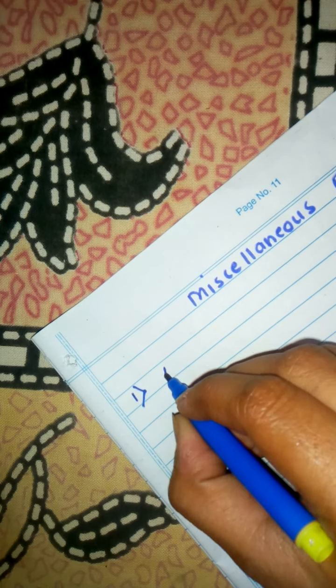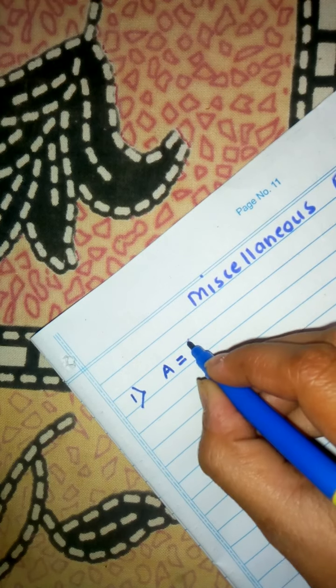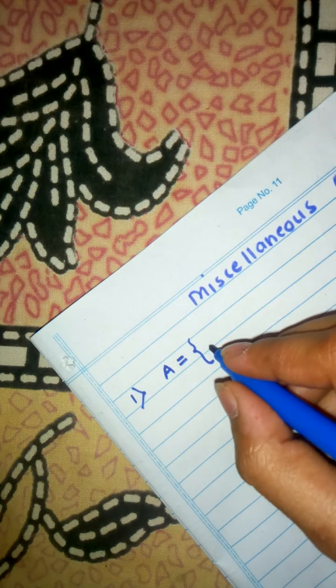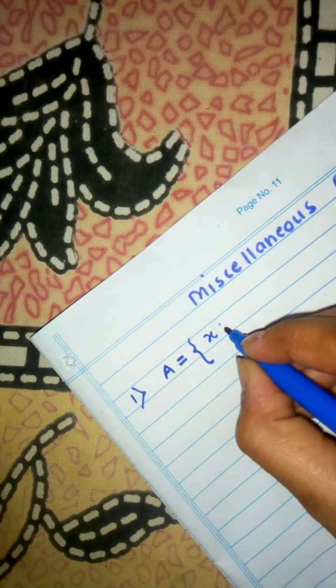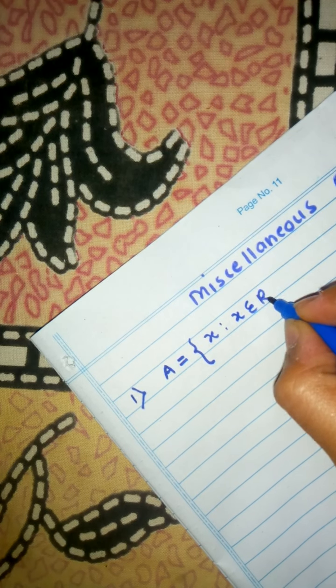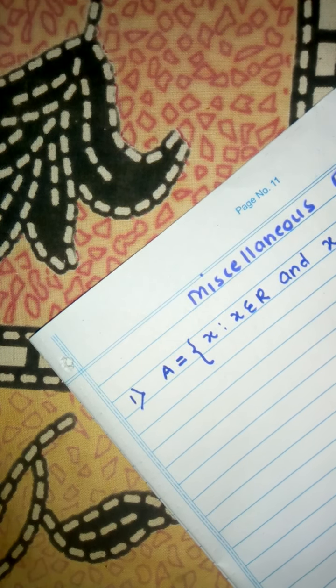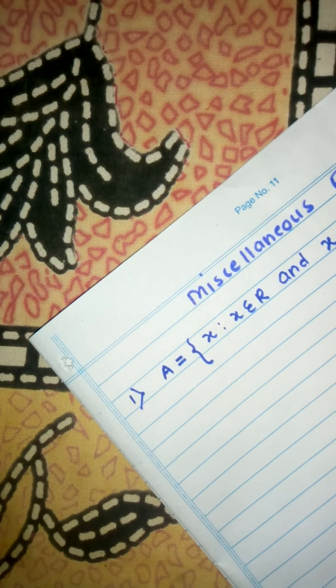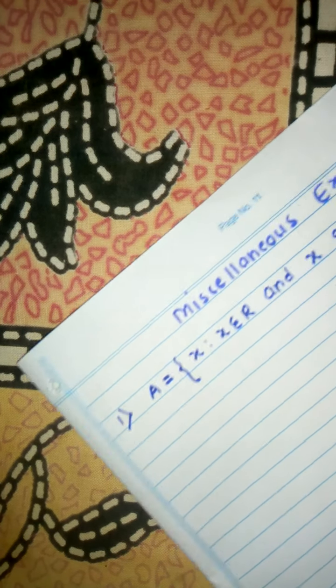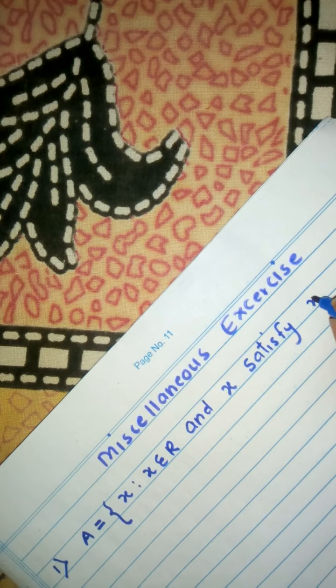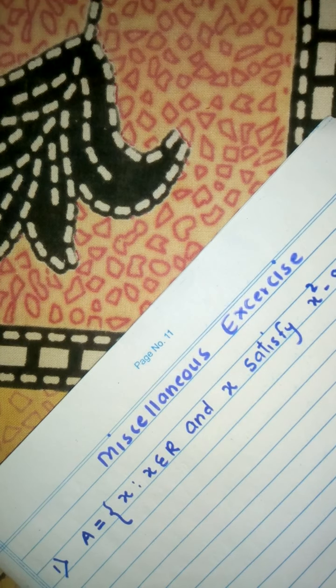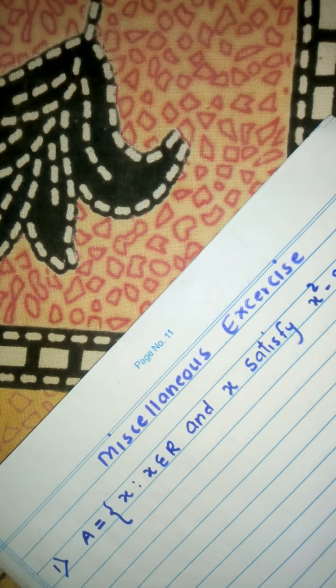Now if we look at the first set, A is equal to, what is the first set there? It says x such that x belongs to R and x satisfies this equation, that is x square minus 8x plus 12 is equal to 0.